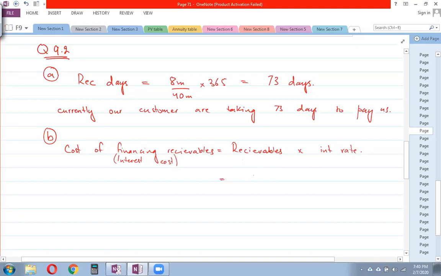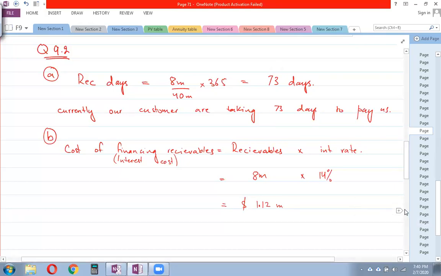Receivables is given to us in the question, it's 8 million. Interest rate is 14%. So the cost of financing receivables will be $1.12 million, right? Nothing difficult about it, right? Good job, everyone. So that was question 9.2.